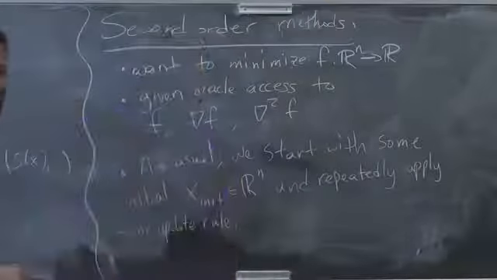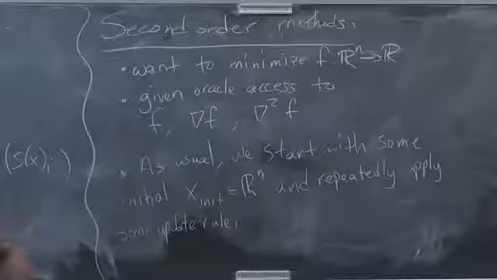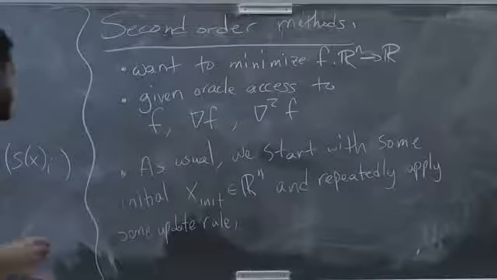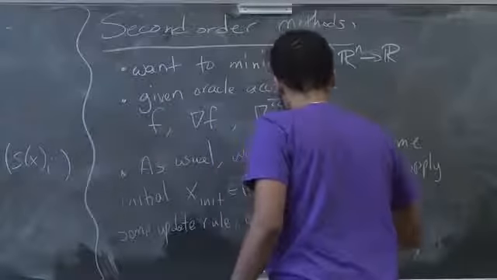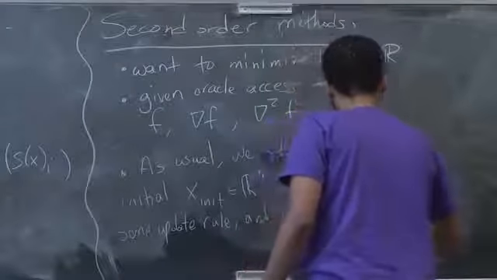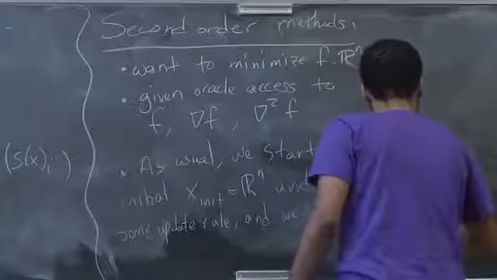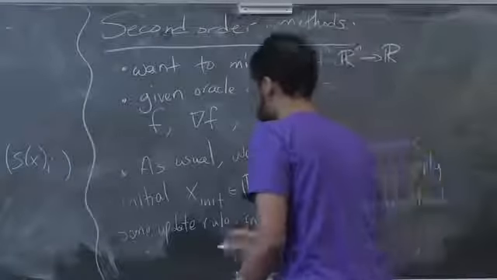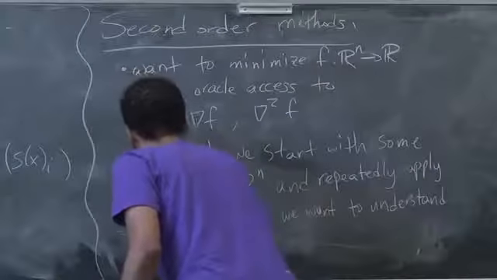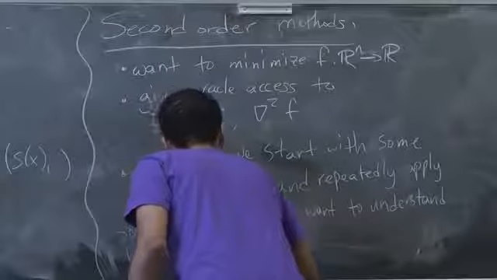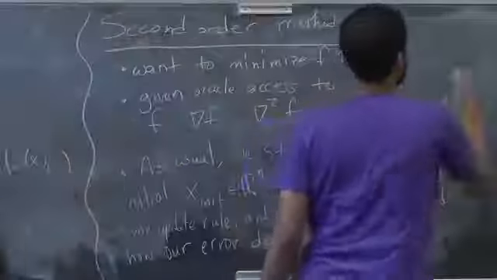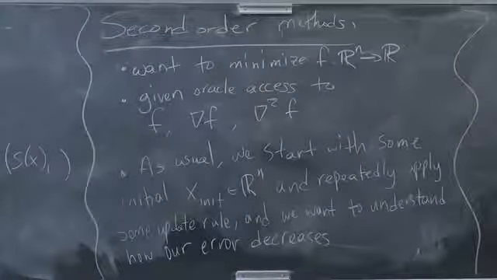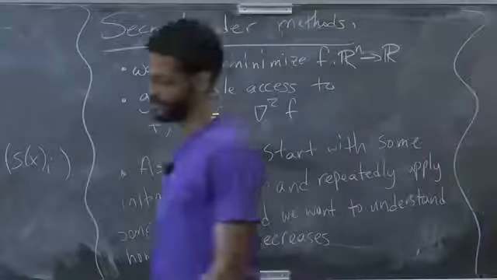Right? And what we want to understand is how much does our error decrease as we do some number of updates. Okay. Setup clear for people?